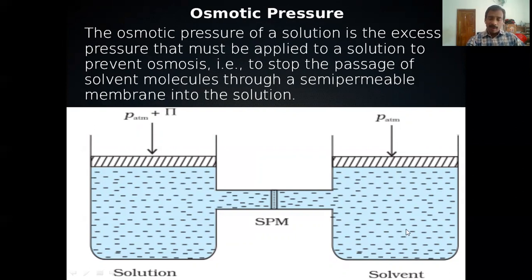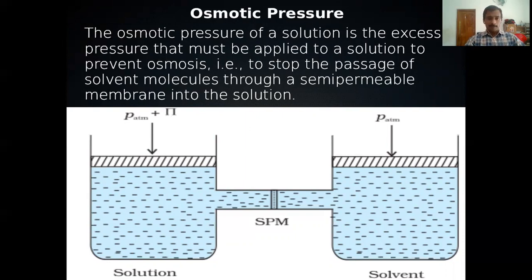So solvent has a tendency to move through the semi-permeable membrane to the solution. As a result, the level will increase. If you want to prevent the increase of the level, you have to apply an excess pressure to the surface of the solution. An excess pressure is required. And we can consider this excess pressure as the osmotic pressure.